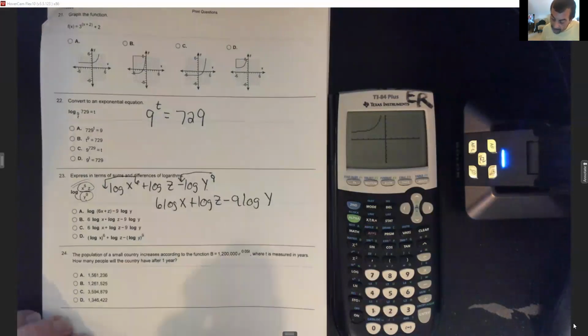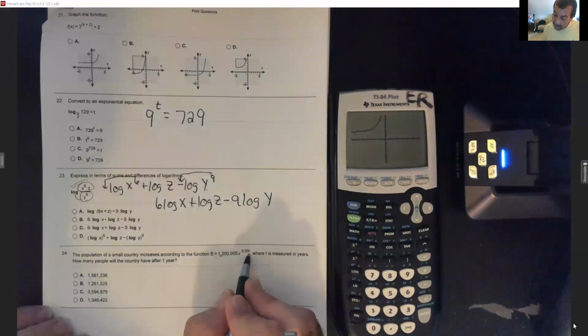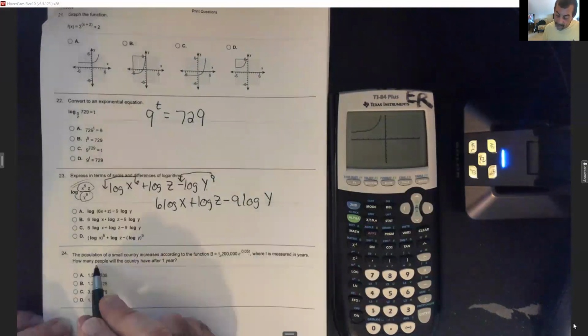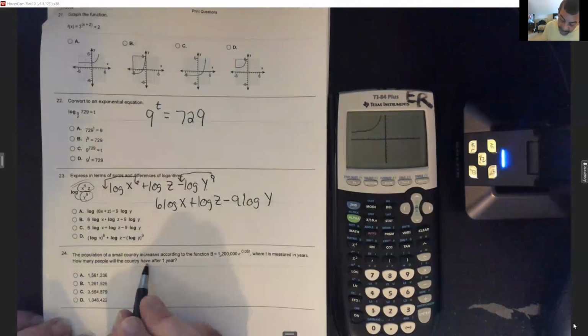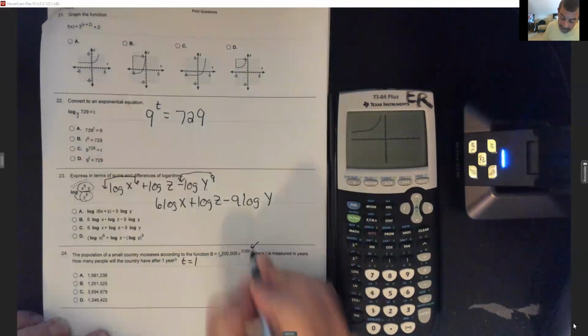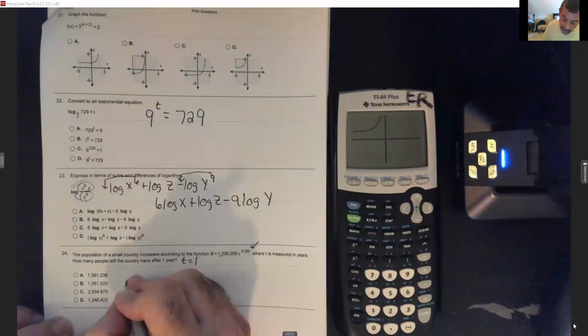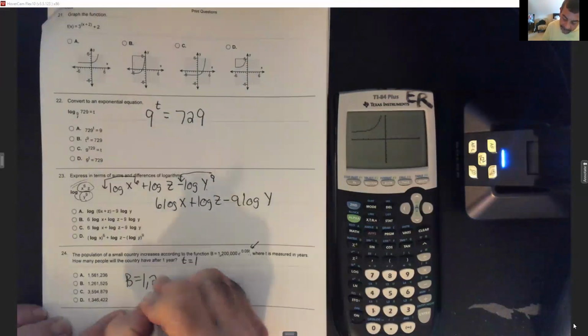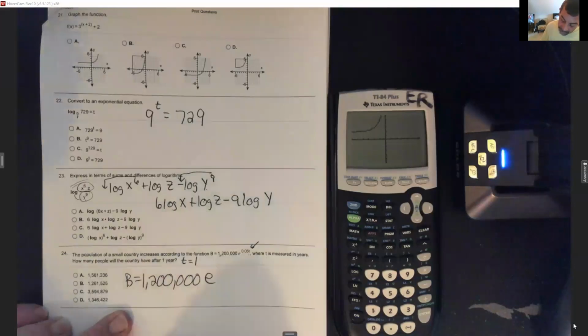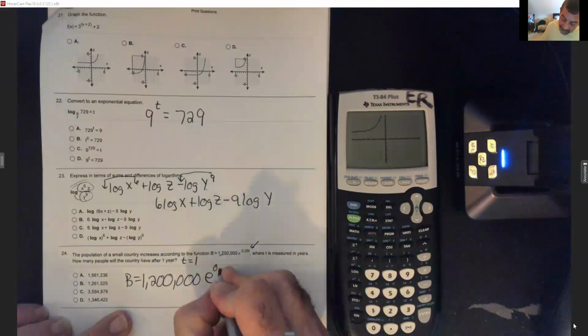All right, so this one just wanted me to work that formula, and they're telling me t is my variable, and they want to know how many people would there be after 1 year, which means t equals 1. So I'm going to put a 1 in for that t and see what we get. So 1,200,000 e to the 0.05 times 1.